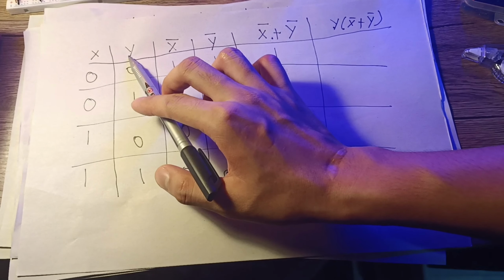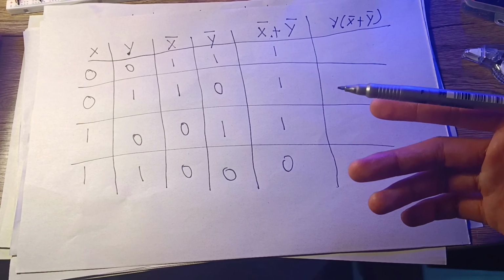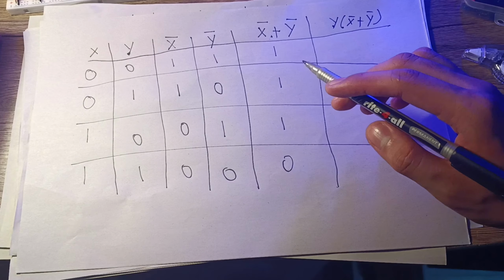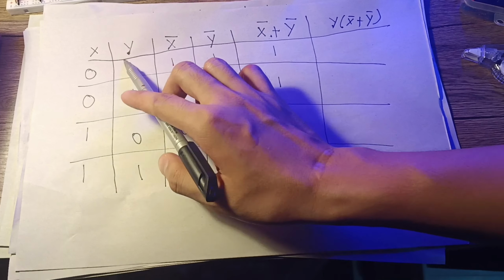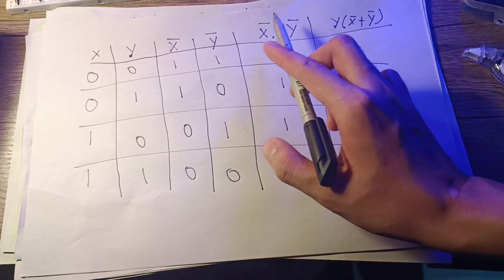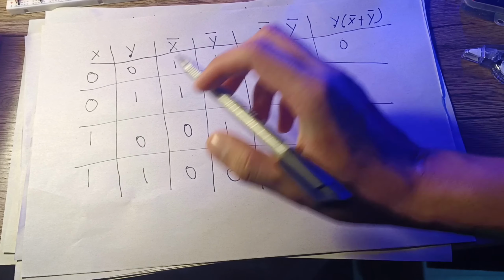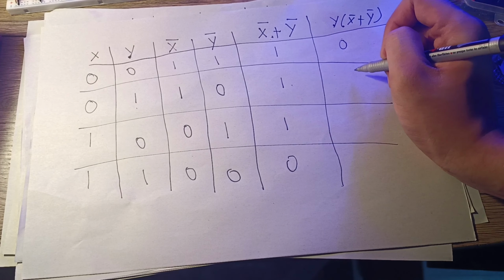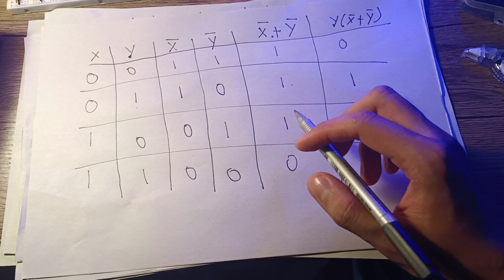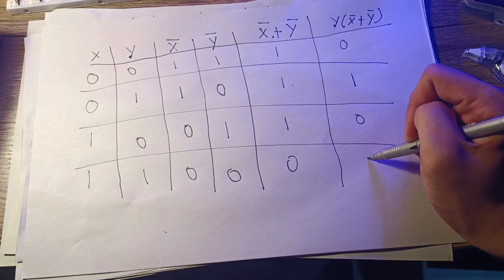The rule of logical multiplication is, it is only a 1 when both inputs are 1. So 1 and 0 is 0, 1 and 1 is a 1, 0 and 1 is a 0, and 1 and 0 is a 0.